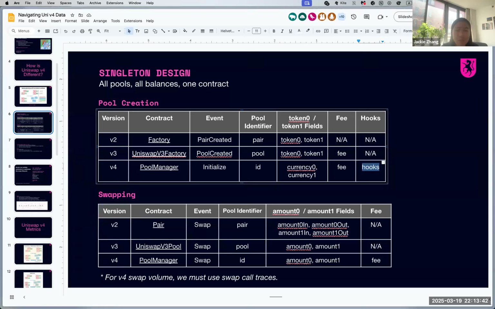The primary motivation of me and my teammates pursuing the data standard isn't actually related to the fee. It's more like, given V4 introduces so much freedom and therefore complexity for data, how do we actually service the community and guide the community through data analytics? Because even something as simple as volume took us a while to figure out, and now we're in the process of figuring out the TVL situation.